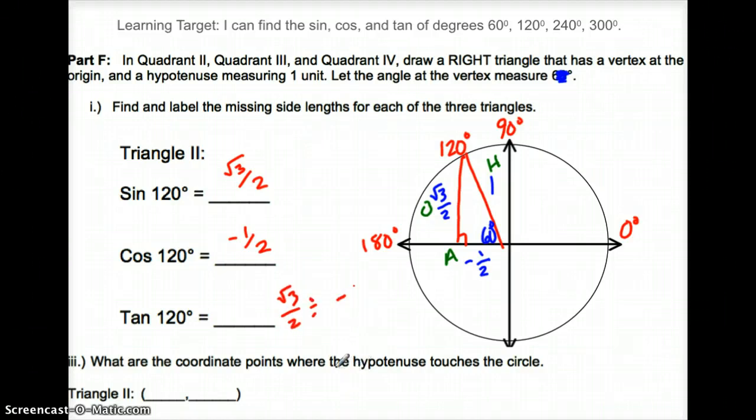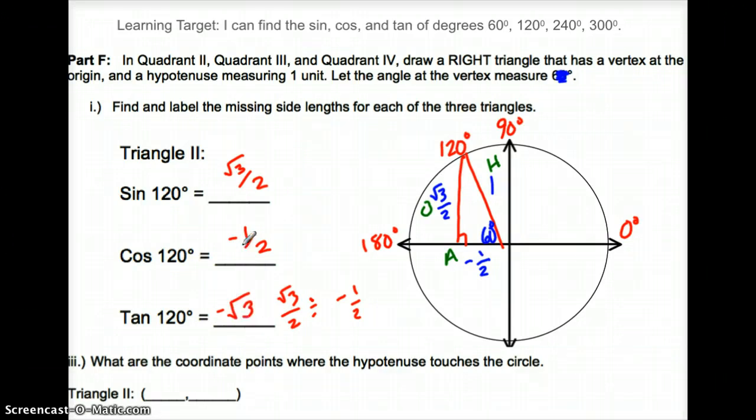Let the computer catch up with me, it's slow. It's the same thing we did before. We'd keep and then we'd change to multiplication and flip. So it's going to be a radical 3. It's just I have a positive number divided by a negative. Only difference is it's going to be a negative radical 3.